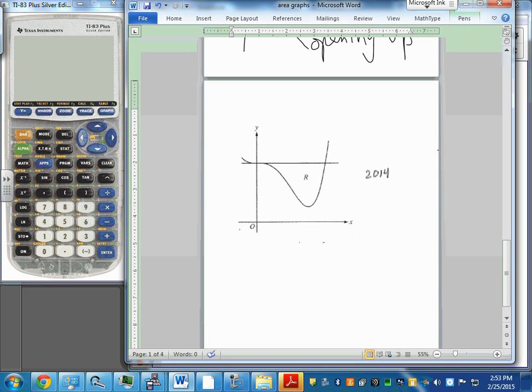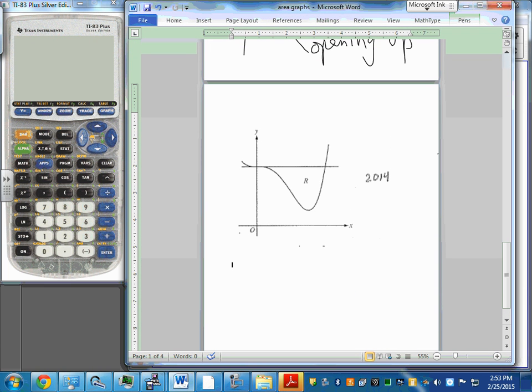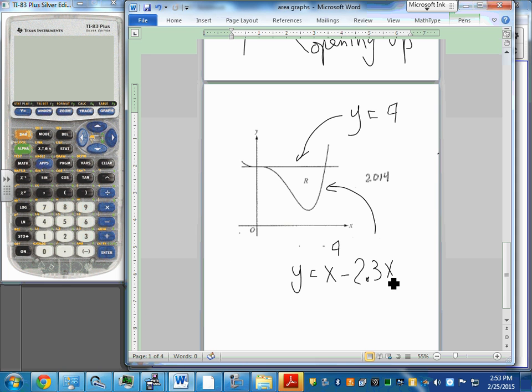It just says, find the area of region R. The line is y is equal to 4. And the curve is a crazy y is equal to x to the 4th, a quartic, minus 2.3, ugly decimal there, 2.3 x cubed plus 4.